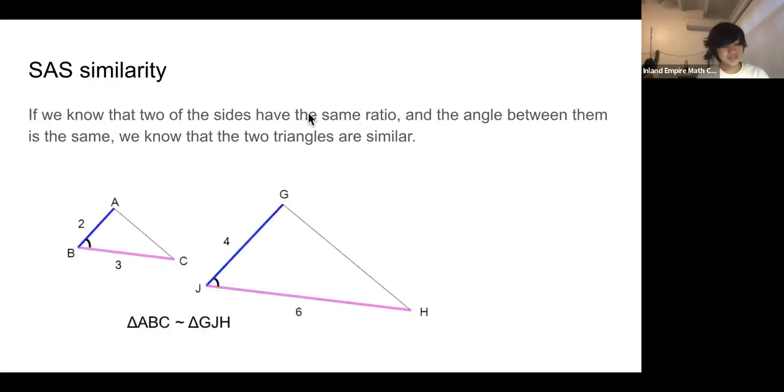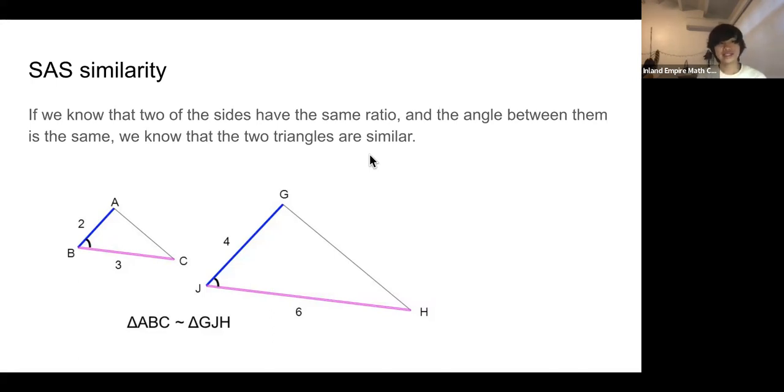Okay, so now let's move on to SAS similarity. If you remember from last time, we talked about SAS congruence, and if you want the proof of SAS congruence, you can refer back to last class.